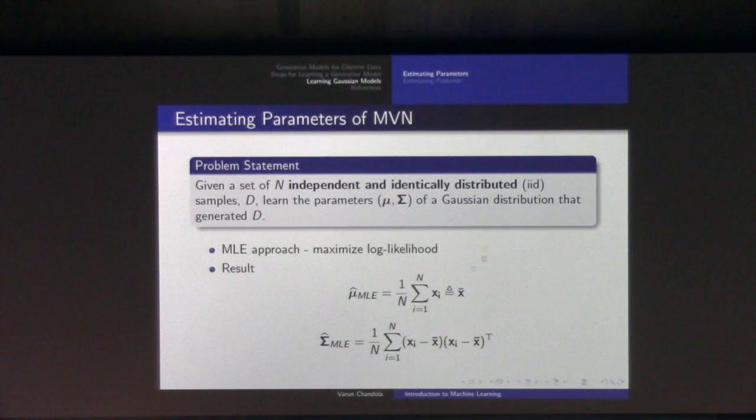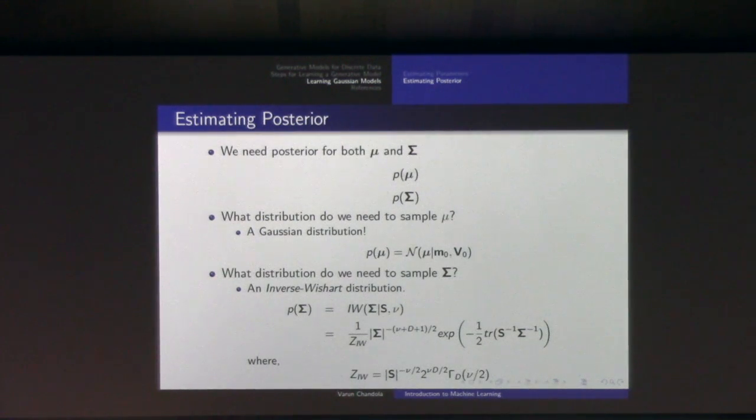In the case of the Gaussian distribution, there are two parameters now; in Bernoulli, we just had one. For the mean, the prior is actually a Gaussian distribution itself, so Gaussian is a conjugate of itself. And for sigma, the conjugate is an inverse Wishart.